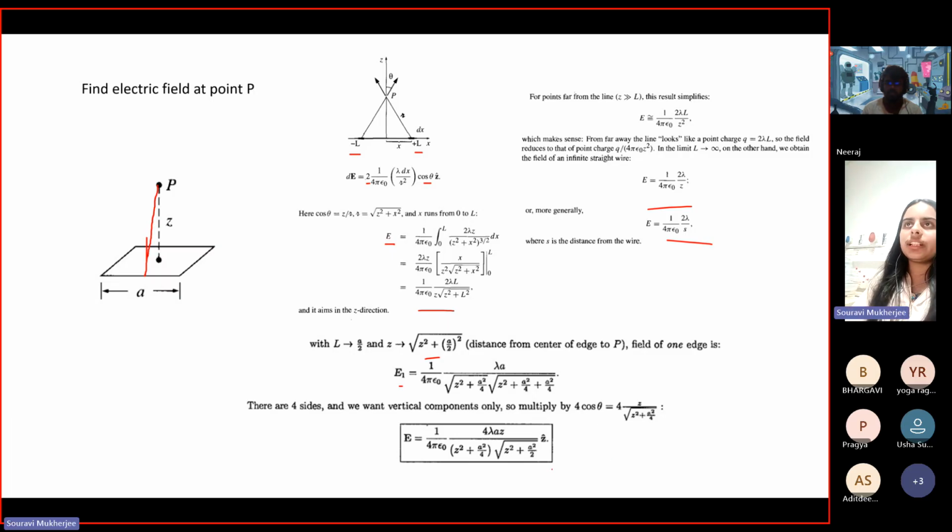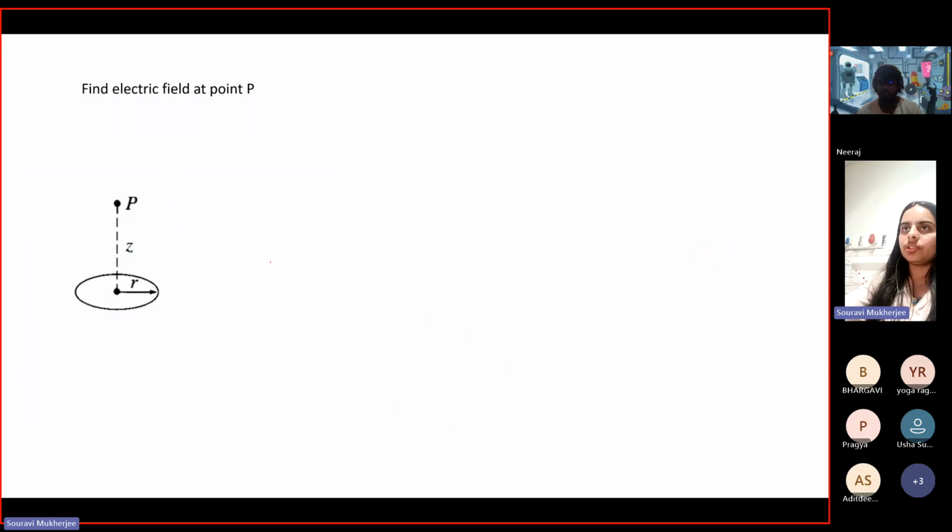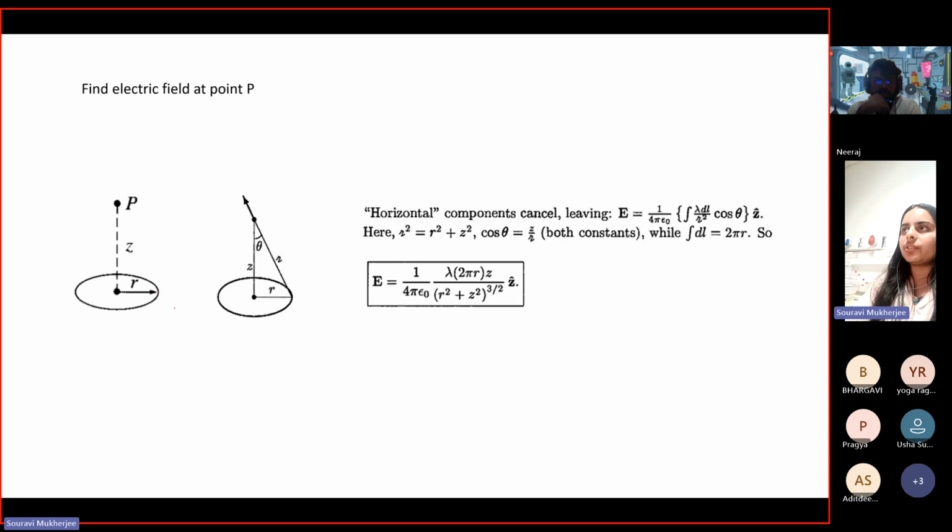Okay, so that's how one can try to solve for electric fields for different kinds of charge distributions. You can have things like this, where now you have a ring, and you have charge along the ring. Similarly, you can define a charge element as lambda dl, and again, due to symmetry, you will have only the z components coming in.